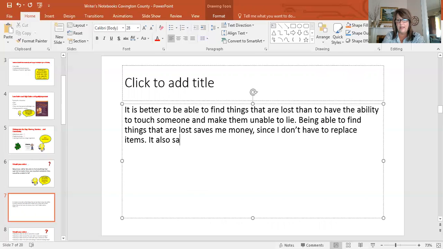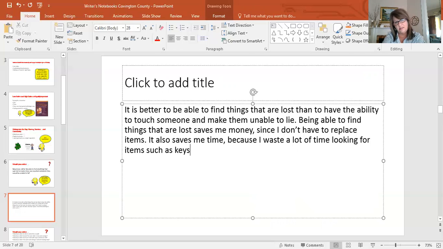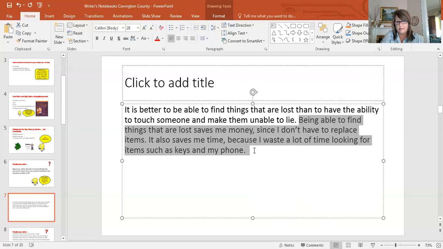It also saves me time, because I waste a lot of time looking for items such as keys and my phone. Okay, so really it's simple as that. So I have made a claim. It's better to be able to find things that are lost. So here's my claim, and then I've given reasons why, 2 reasons why.